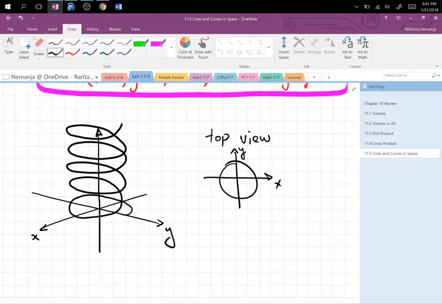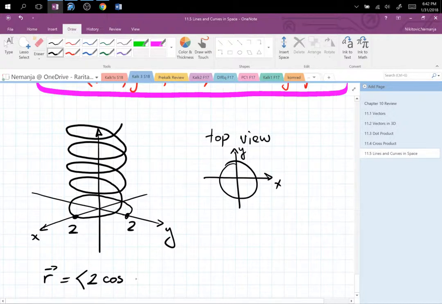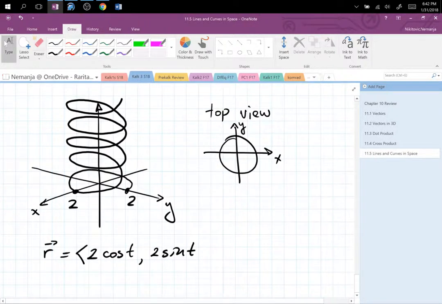So now, we know parametric equations for a circle, and that determines the x and the y coordinates of our parametric set for our vector valued function. So r is equal to, let's say it's 2 inches radius of the spring, so 2 cosine t, 2 sine t, these are your x and the y, and now you can say t.